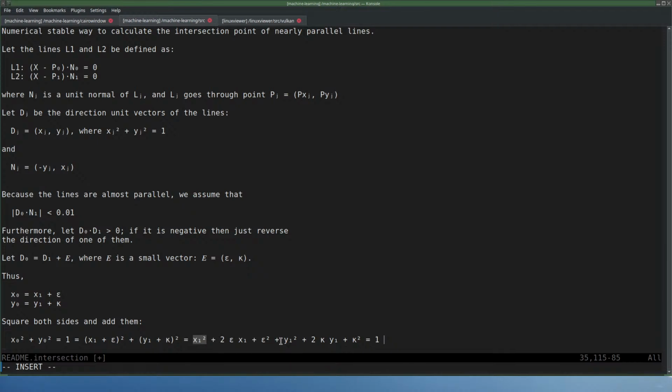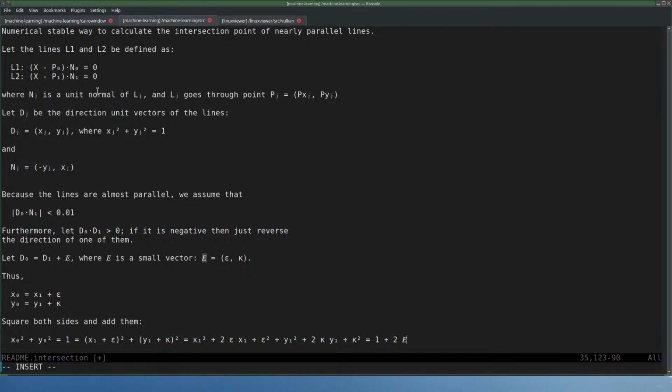That would be that plus that plus 2 times the inner product between epsilon kappa and x1 y1, and epsilon kappa is E.